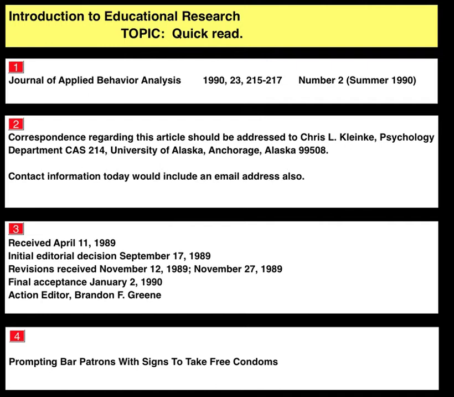Finally, I want you to take a look at the last page of the article, the very bottom right-hand corner. And that information is contained in the red box number 3.